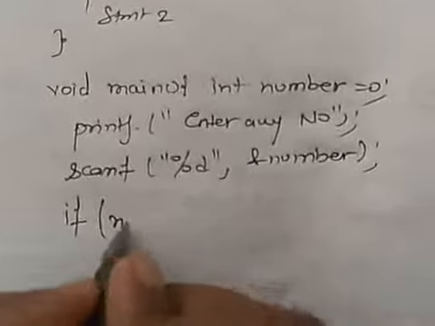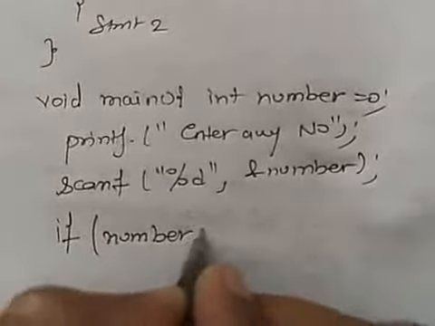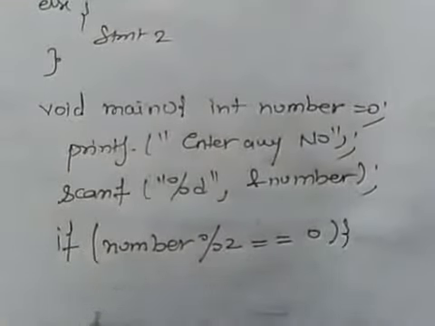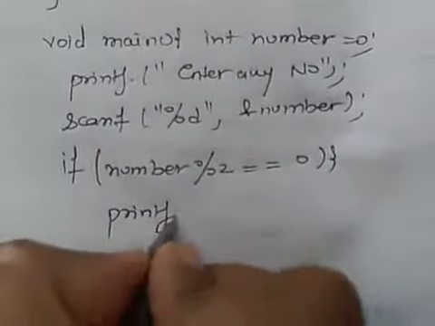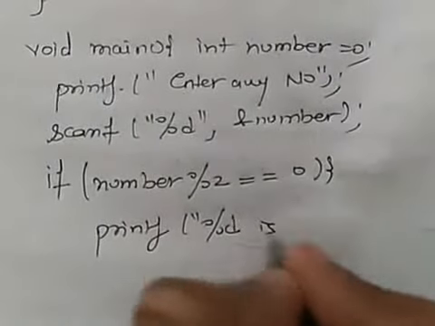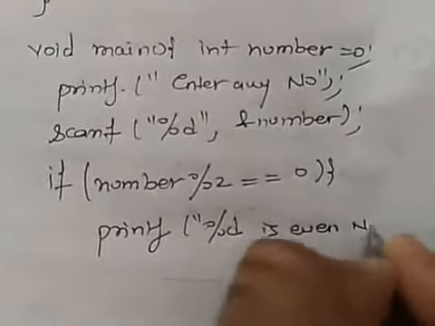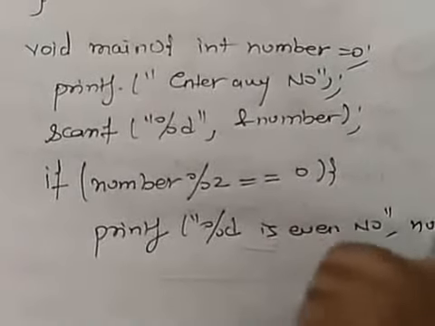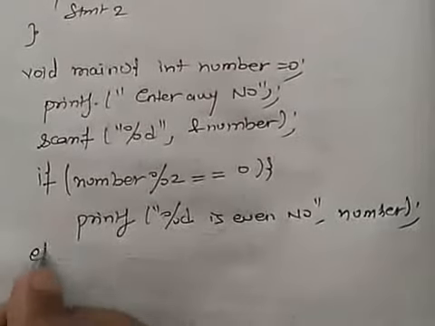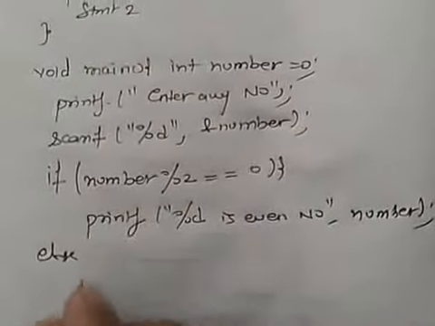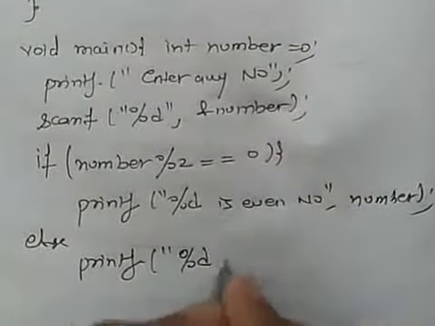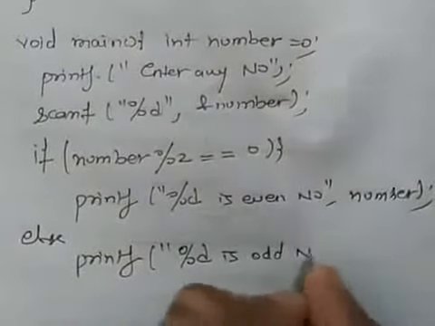If number modulo 2 equal to 0, printf %d is even number, else printf %d is odd number.